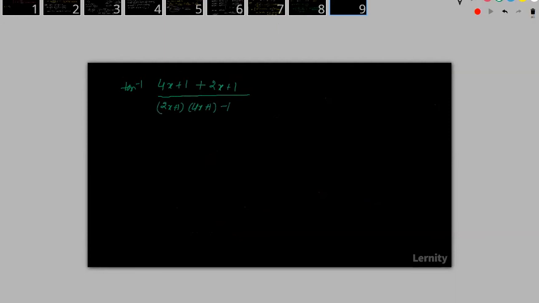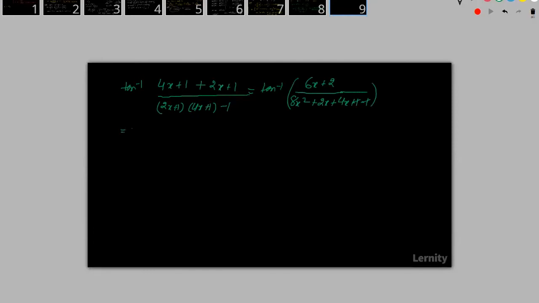So this will become tan inverse of 6x plus 2 divided by 8x square plus 2x plus 4x plus 1 minus 1. So 1 and 1 get cancelled, divide by 2.